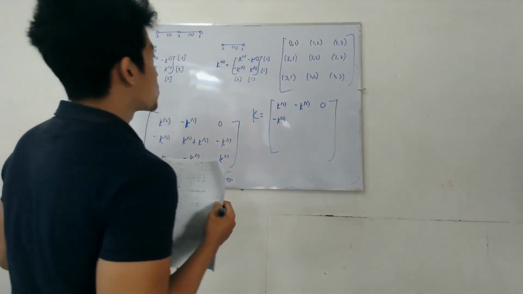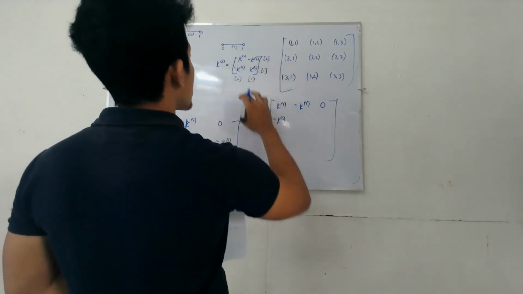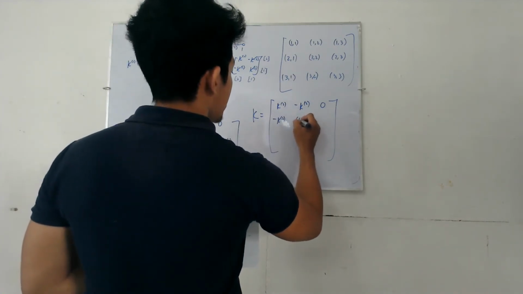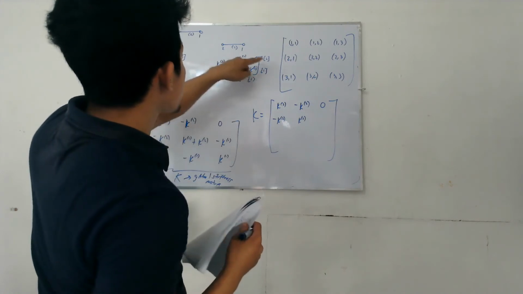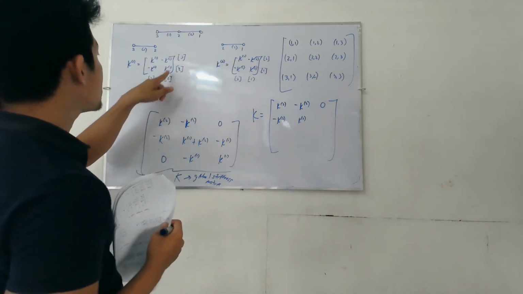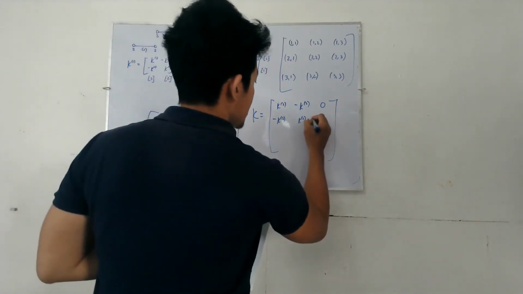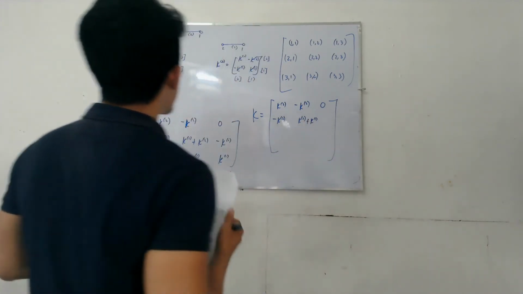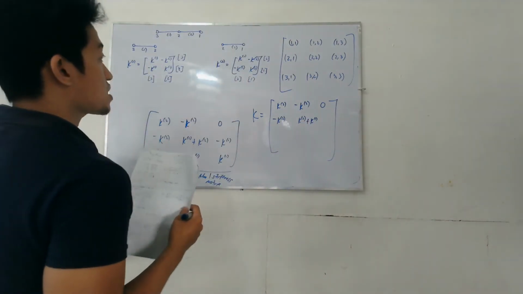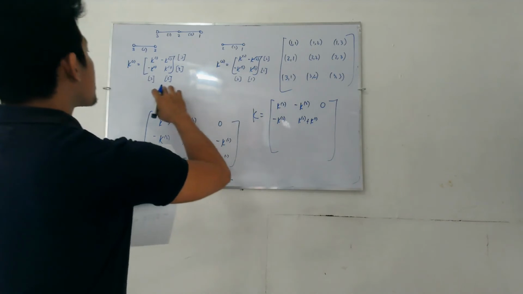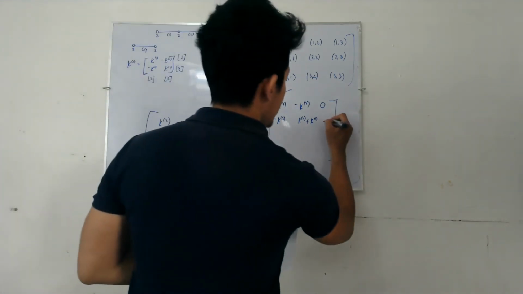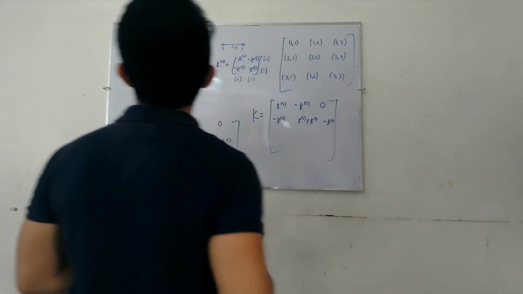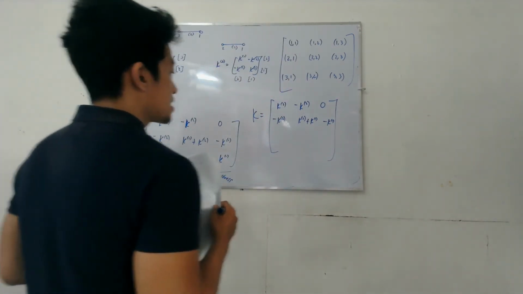2, 2 is K of 2, and the 2, 2 here is K of 1, so plus K of 1. 2, 3 is negative K of 1. Okay.